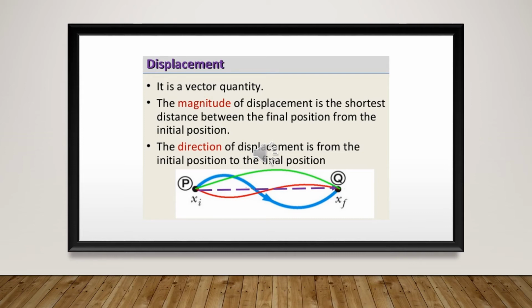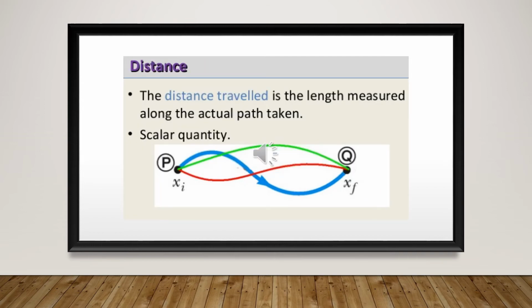Means for the description of the displacement we have to give the magnitude and the direction both. So displacement is a vector quantity and the direction of the displacement is from the initial position to the final position, whereas the distance is the length measured along the actual path taken. And for the description of the distance we don't require the direction, so distance is a scalar quantity.